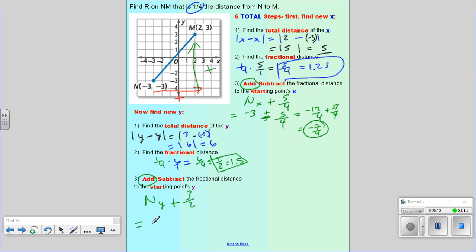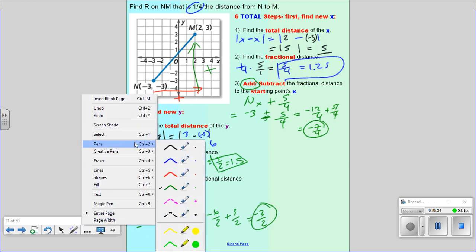N's y value is also negative 3. So we got to get a common denominator. So that becomes negative 6 over 2. Now negative 6 plus 3 is negative 3 over 2. So that's our new y.